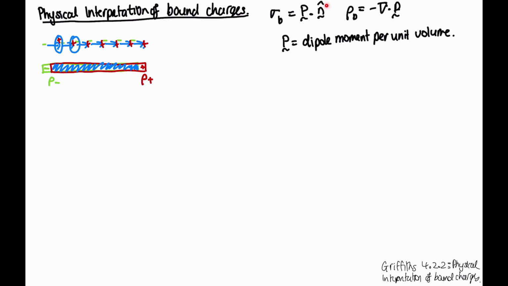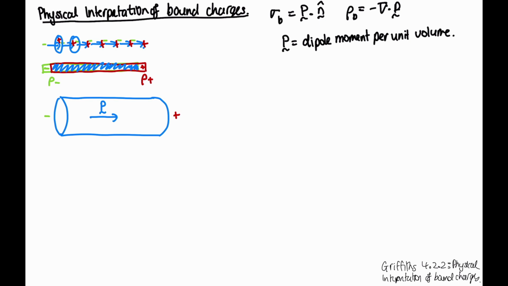Okay, but to show that this equation here makes sense, let's consider a cylinder like this with a constant uniform polarization like that. Now, because we've got a polarization like that, we know that we've got a negative end down here and a positive end up here.